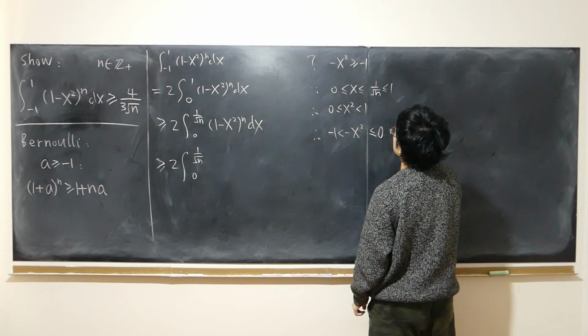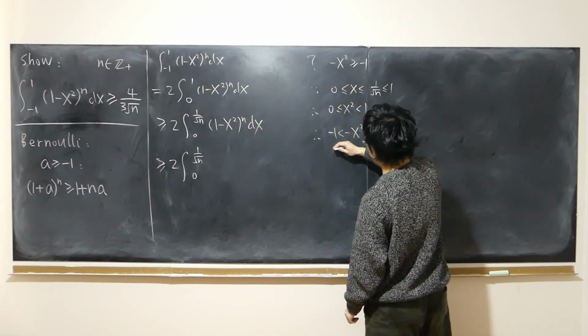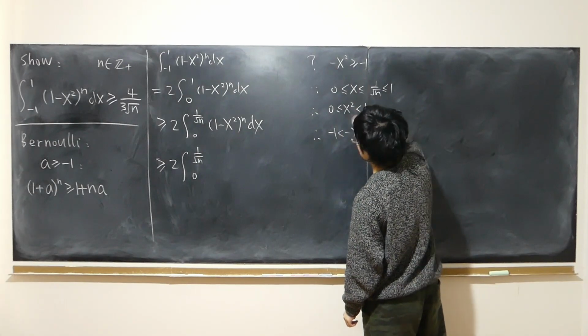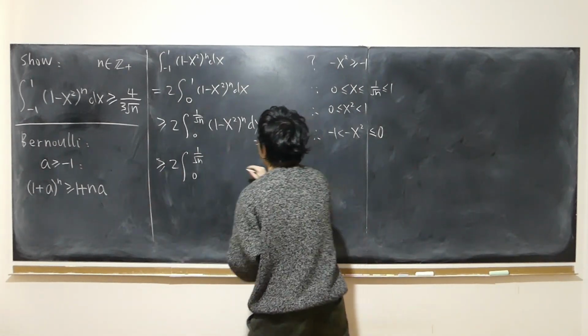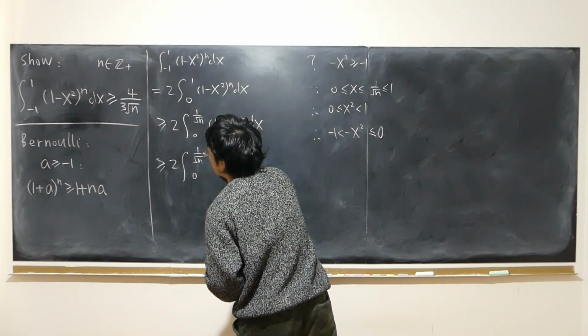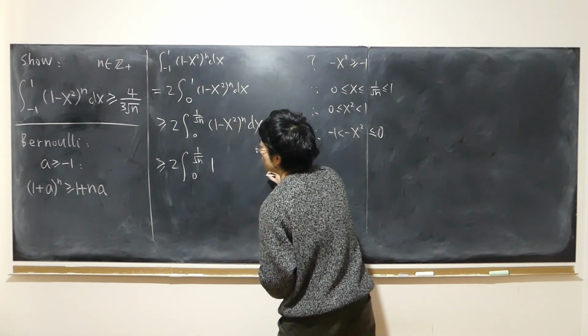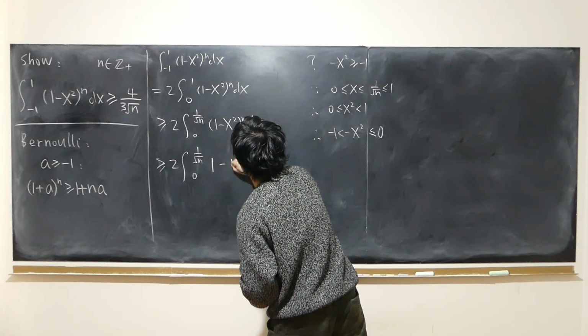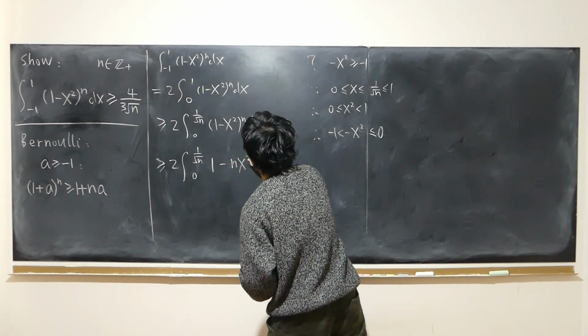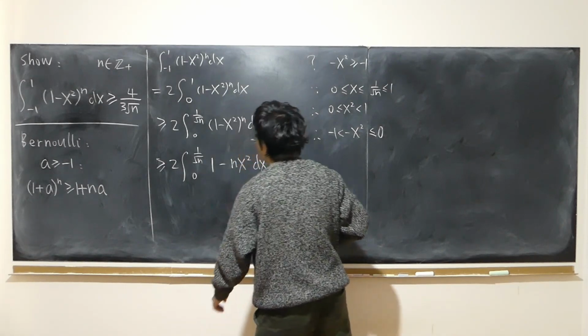So this time it's really satisfied, really bigger than or equal to -1. Therefore, by the Bernoulli inequality, this is bigger than or equal to 1 plus na, that is 1 minus n x squared, with dx.